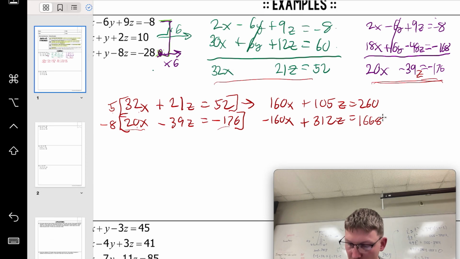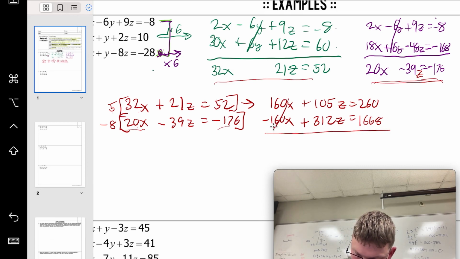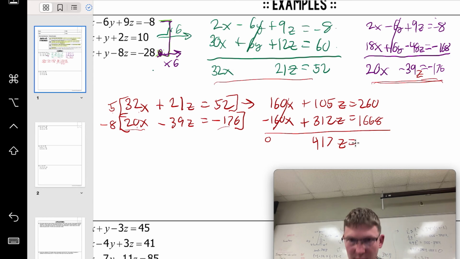So there's our two new equations. We're going to add them together. Our x's are going to cancel out. So then we're going to have 5 plus 2, 1, 4, z equals a big number.